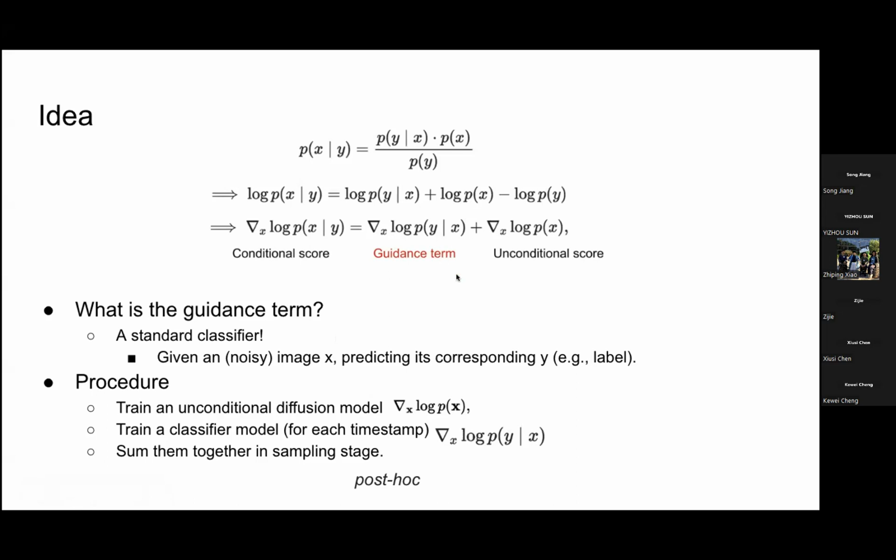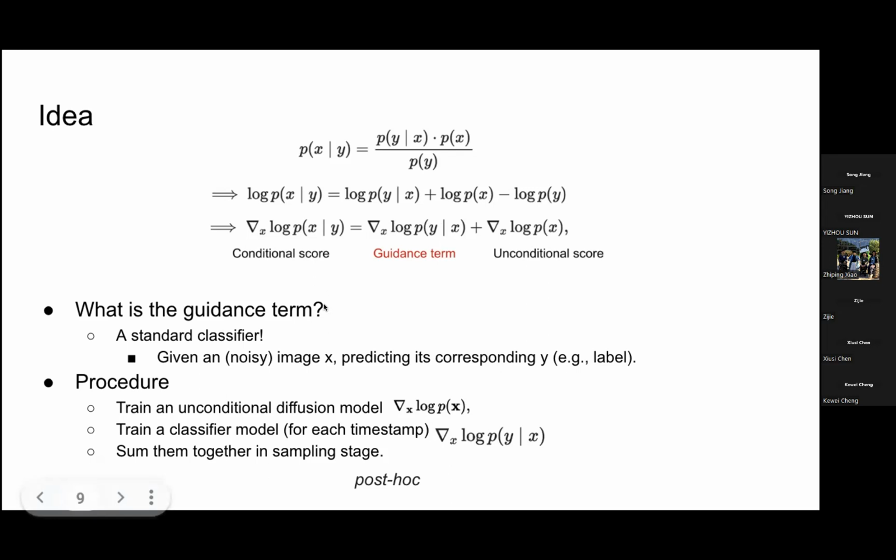So if this is the case, then things become very easy. We can train a diffusion model as the unconditional score, and then we train a classifier to represent this guidance term, and then we just add them together. Then we can have the conditional score, right?